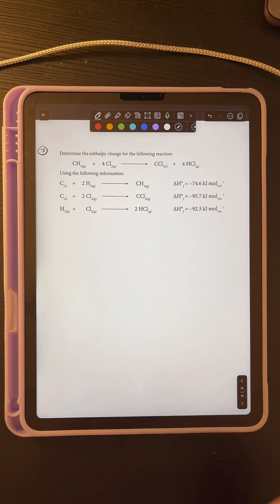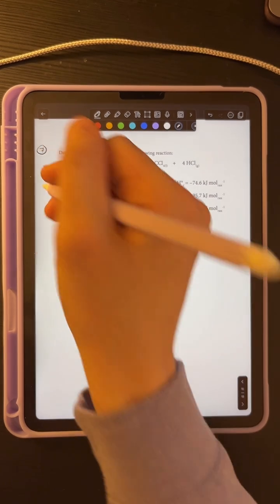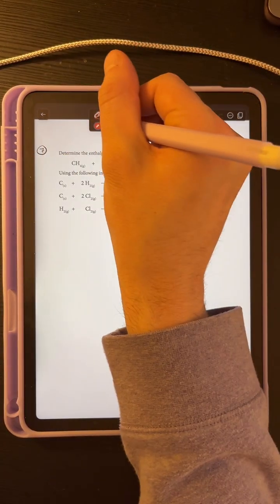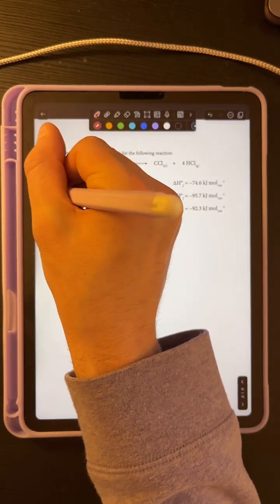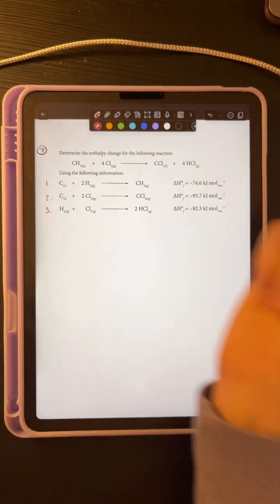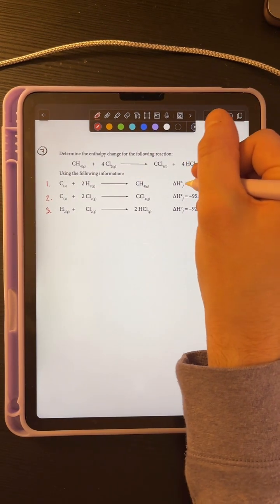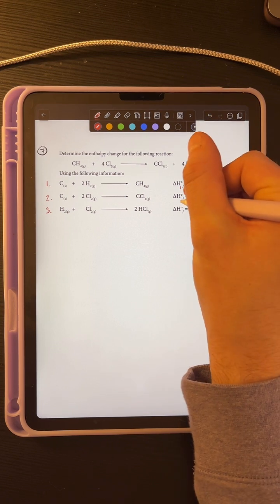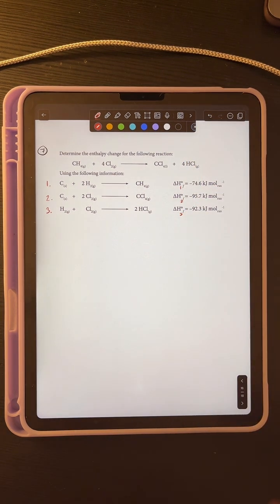So what I'm going to do is I'm going to label these. Let's see, I don't have red. There's red. 1, 2, and 3. And then this will become delta H1, delta H2, and delta H3, just so I don't get confused in this process.